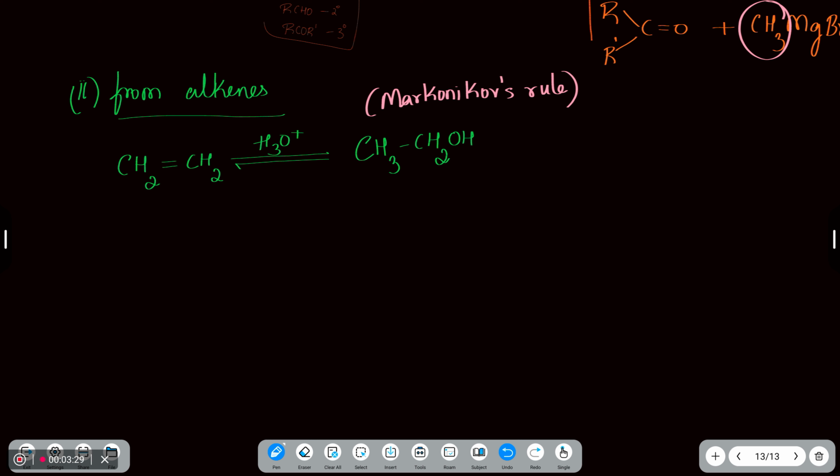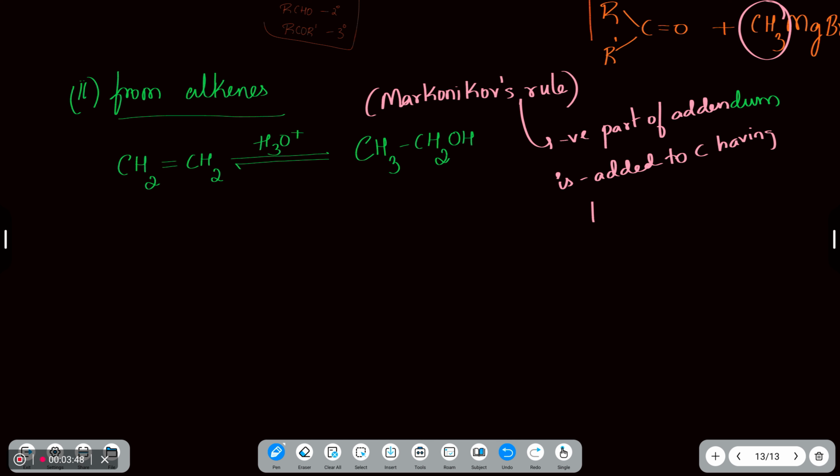What does the rule say? The negative part of the addendum is added to the carbon having less number of hydrogen atoms. Based on this is the attachment we are doing.